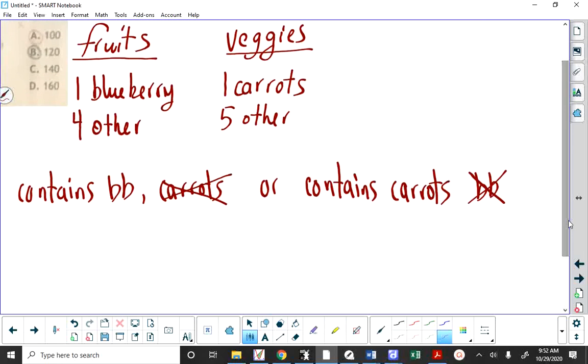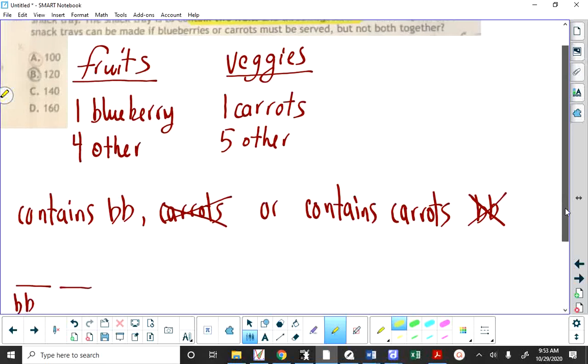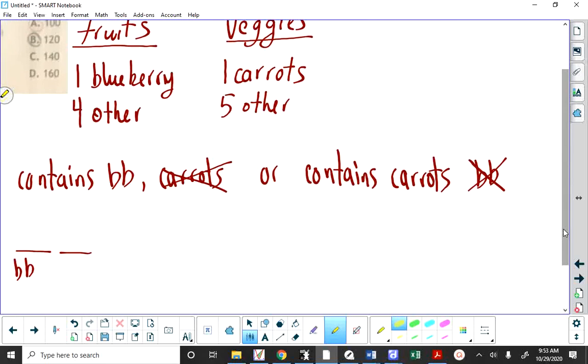So when we build our tray that contains blueberries, I'm looking at my category of fruits here. I need a blueberry. What else do I need? Well, I believe that we had to have a total of 2 fruits on each tray. We need 2 fruits and 3 vegetables. So if I have blueberries, that means I need 1 other. So I need 1 more other.